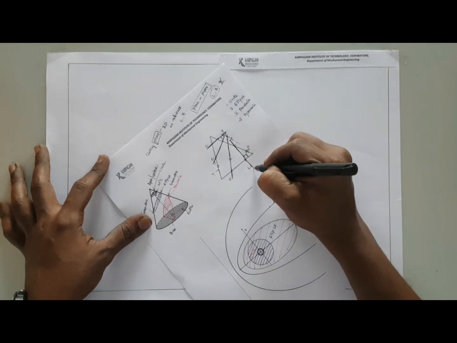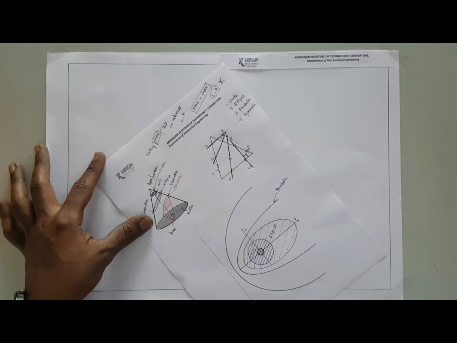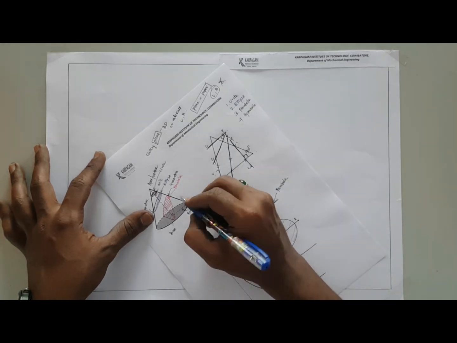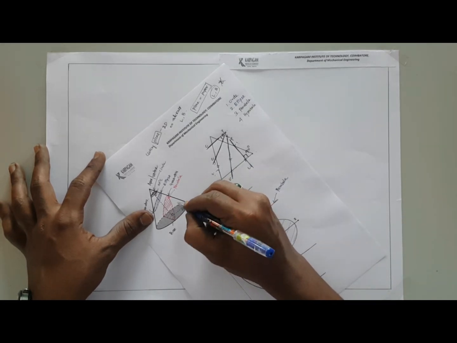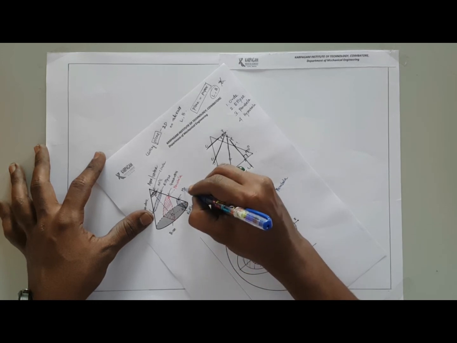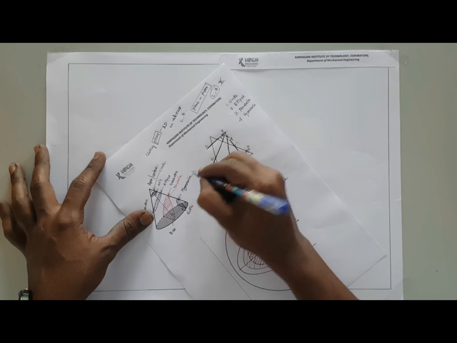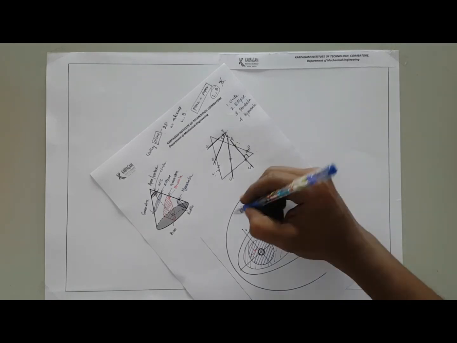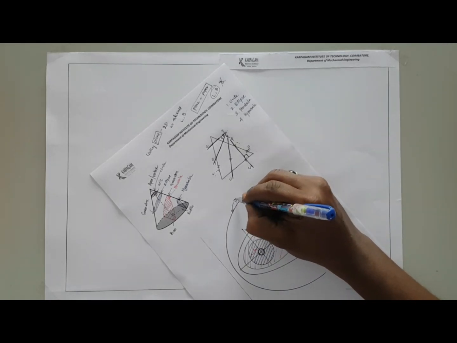If you cut the cone like this, then you will get this, your hyperbola, and the hyperbola is given here.